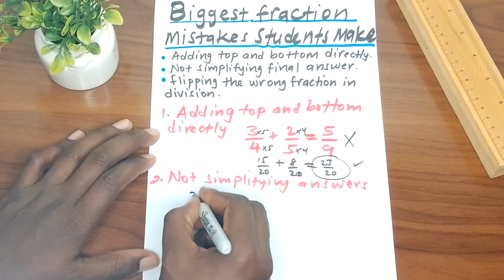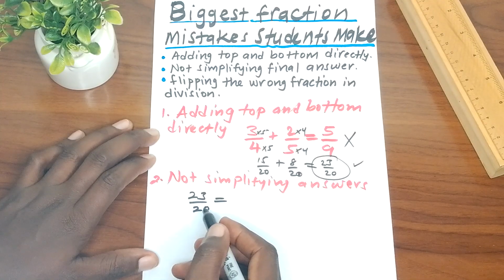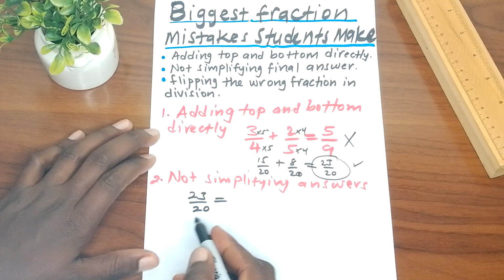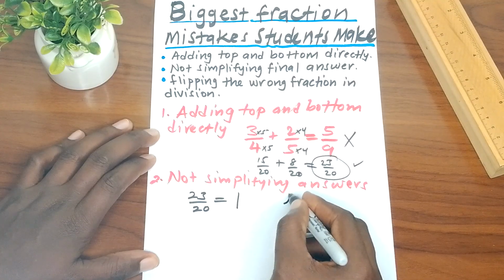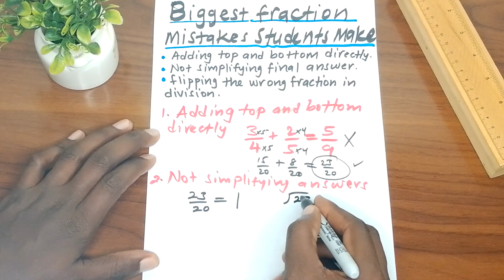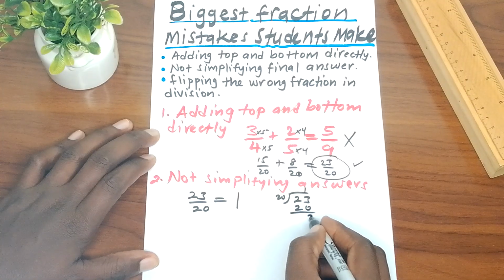We know that there is 1 twenty in 23. That's one whole number. If we divide 23 by 20, this is 1, then 20, the remainder is 3.